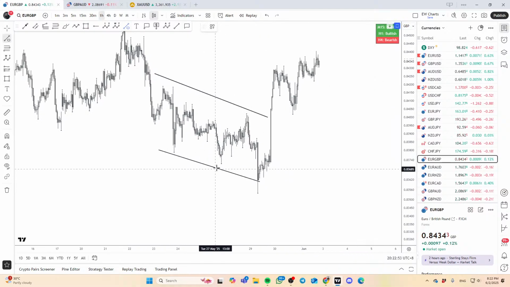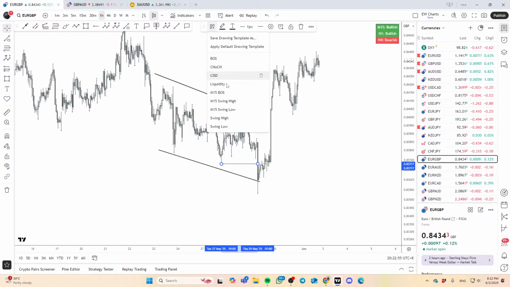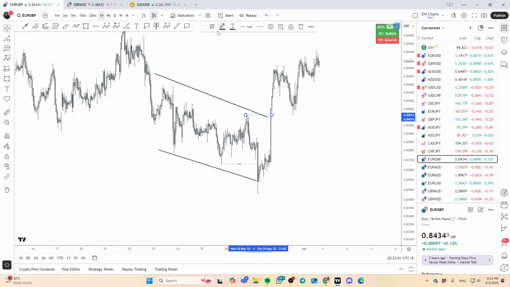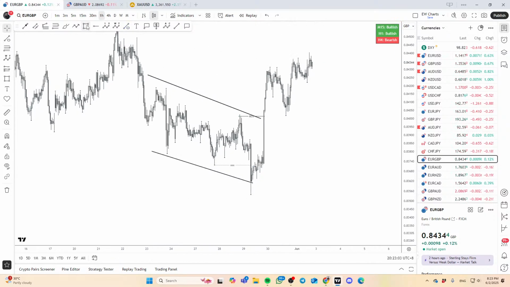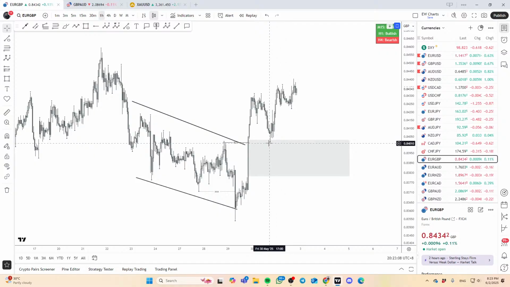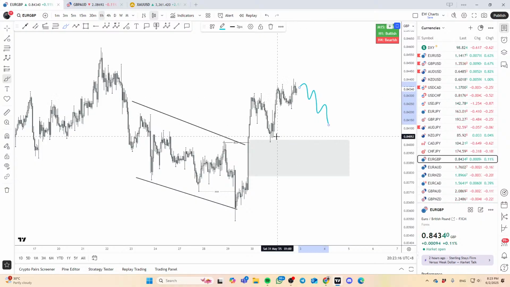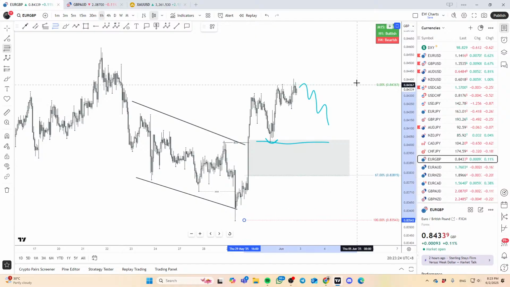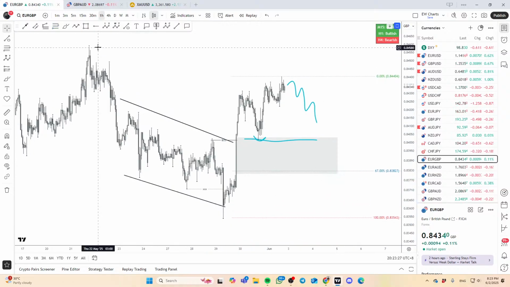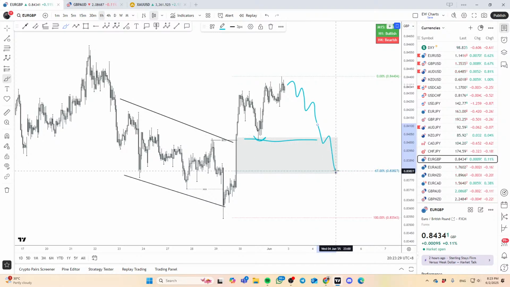In terms of an SMC model, that's definitely your liquidity sweep. This is definitely a breakout structure. And this huge massive candle we can see is essentially your market imbalance. The market did tap into it once, but if this starts to pull back, this here can act as an internal liquidity sweep, which can increase the odds of a trade setup as well. And if you take a fib from swing high to swing low, that would be something to look out for.